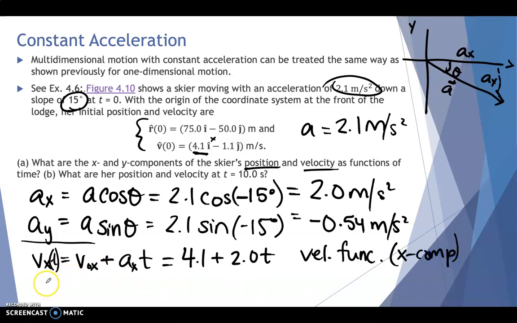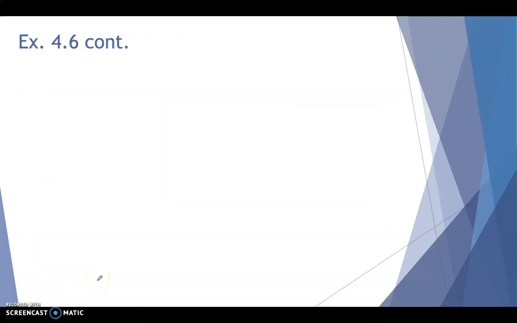Okay, and we can do the same thing with our y. Let me go to the next page and do it up here. v y of t will be v naught y plus a y times t.